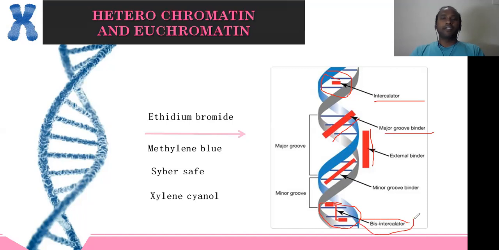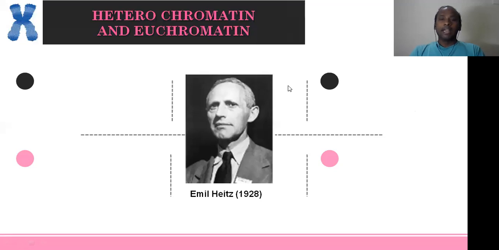So these are the different kinds of binding properties of dyes when they bind to DNA, right? Based on this dye binding pattern, the first identification of different regions of the chromosome was done by the scientist Emil Heitz in 1928, and he gave names to the different regions of the chromosome.